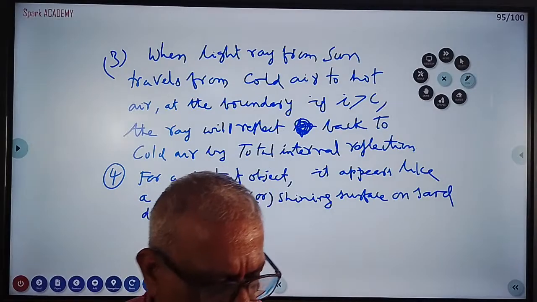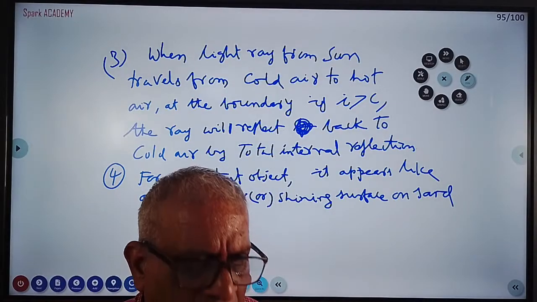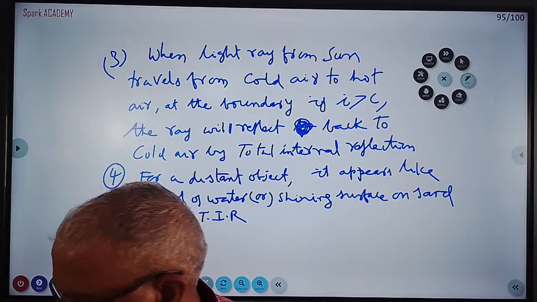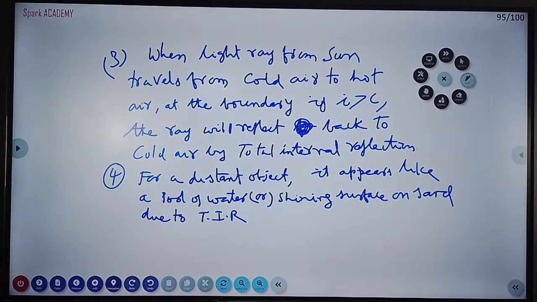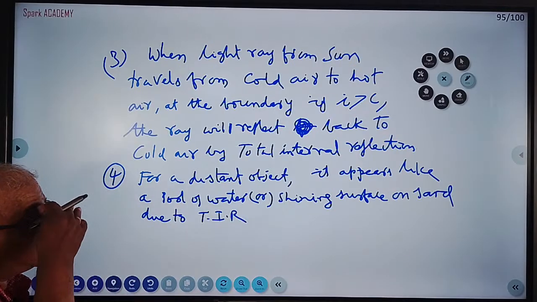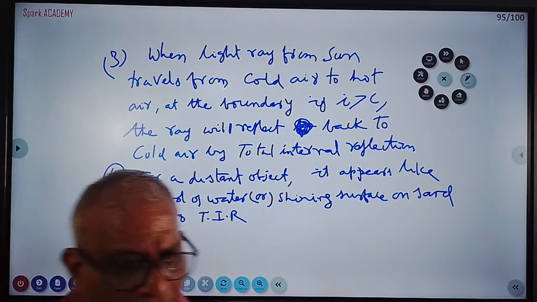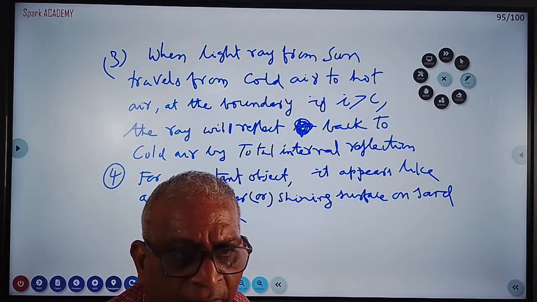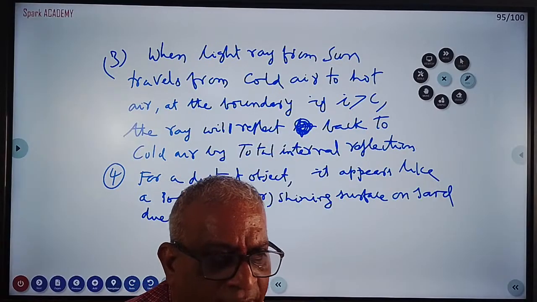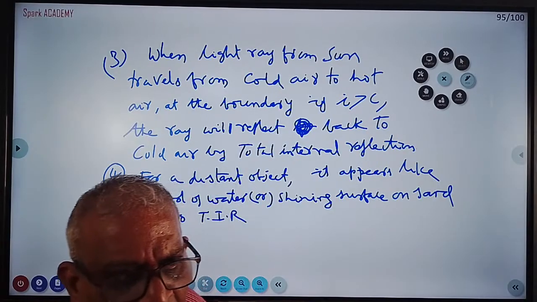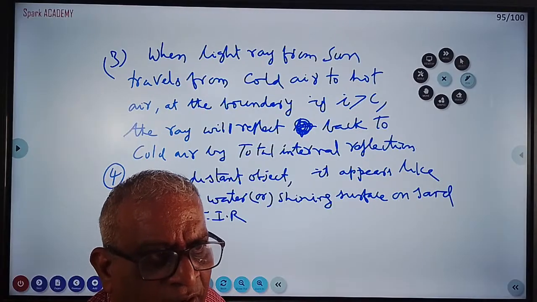So that diagram, you can make it definitely from the books. And these are two important questions I discussed in ray optics. Diagram, I think students, you can manage from the mirage textbook: diagram, tree, inverted image of the tree.